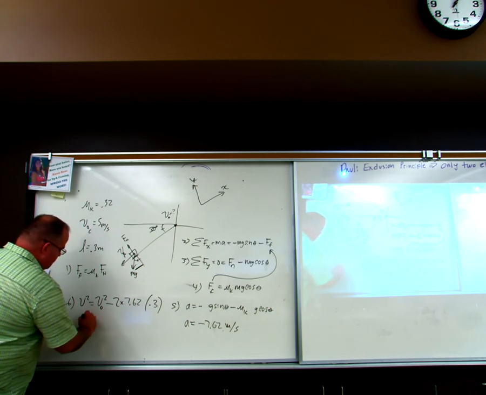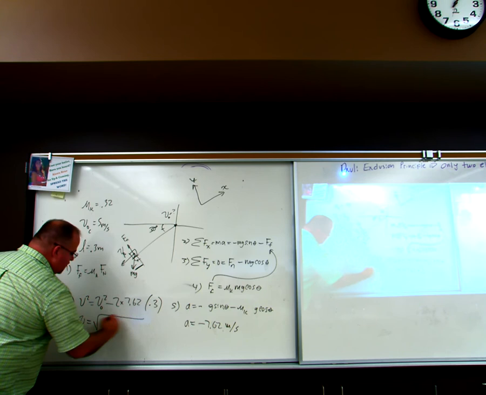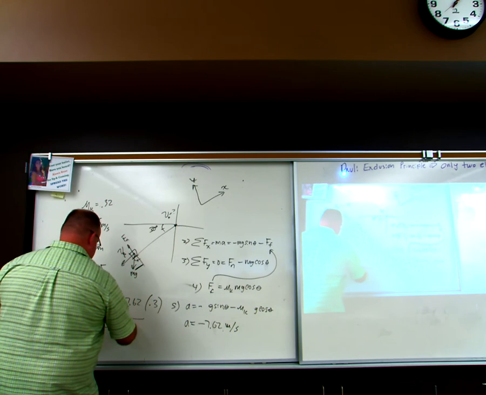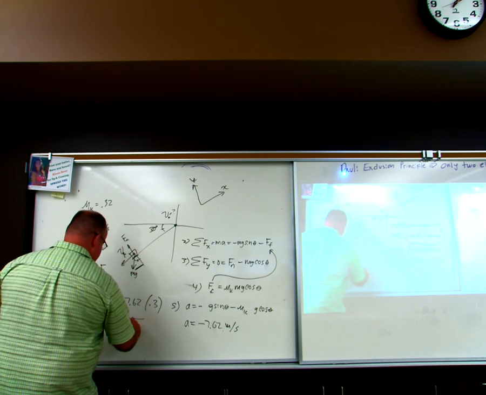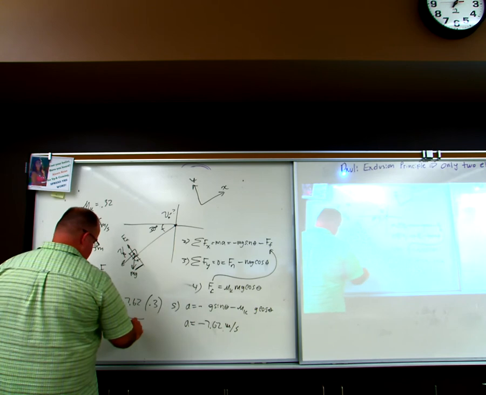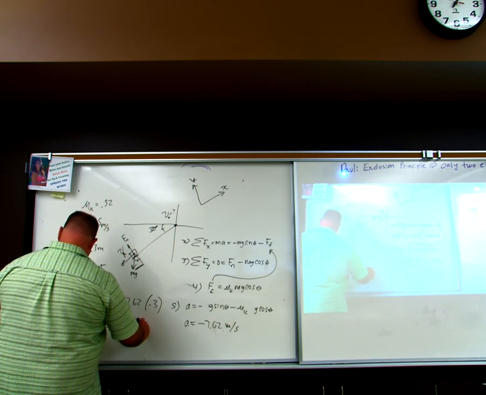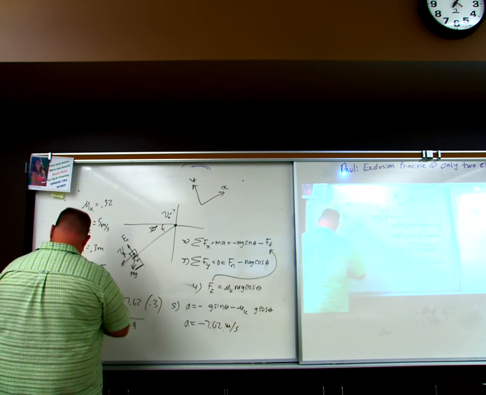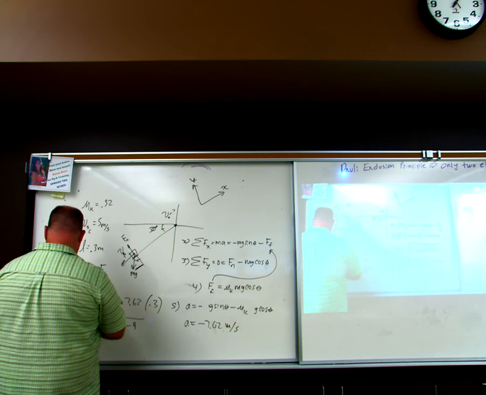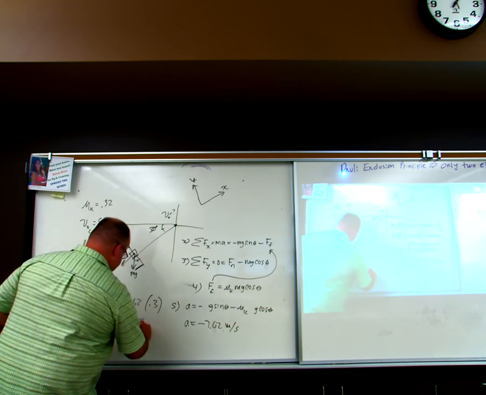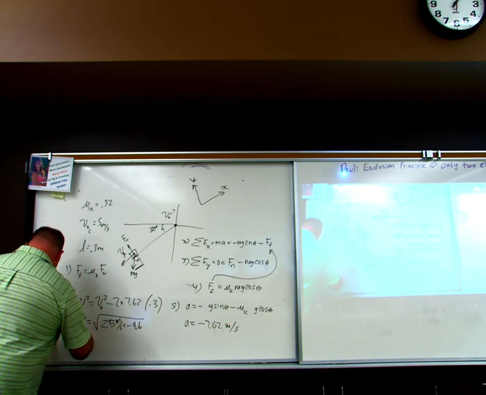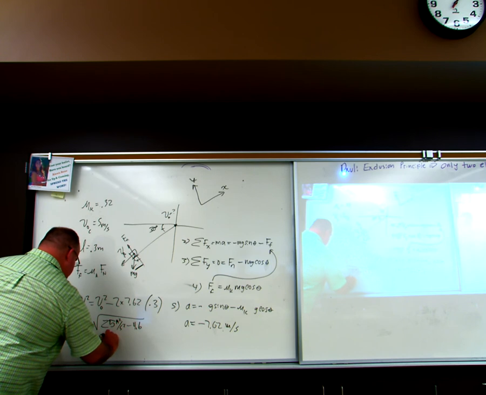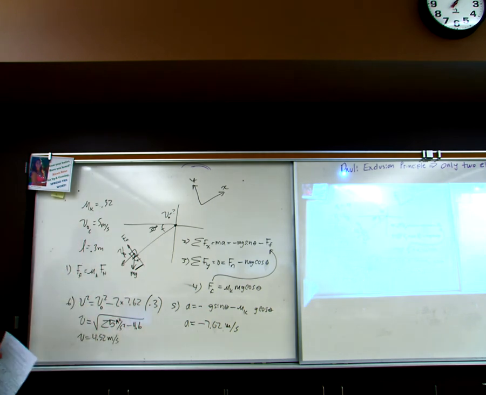So then V equals the square root of 25 meters squared per second squared minus 4.6. And that gave me a new velocity of 4.52 meters per second. So it didn't really slow it down that much.